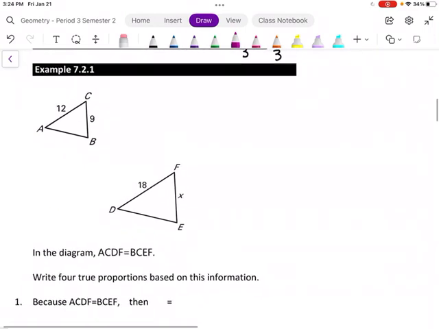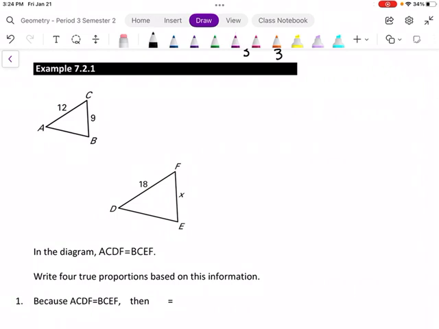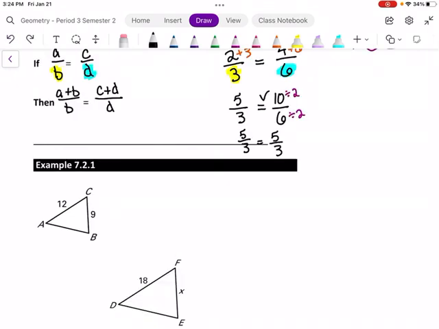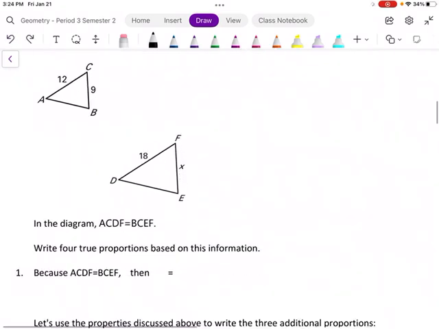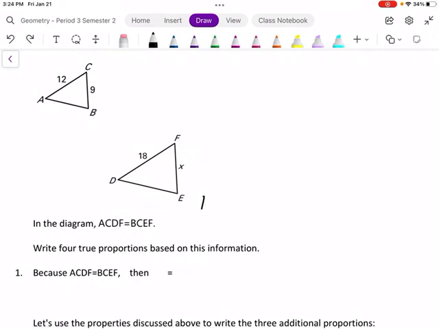Okay, and when I copied over the notes, it kind of got rid of the fraction bars. So for this, there's supposed to be a fraction bar there, so it should be AC over DF equals BC over EF. So we're just going to get rid of this because it printed wrong.